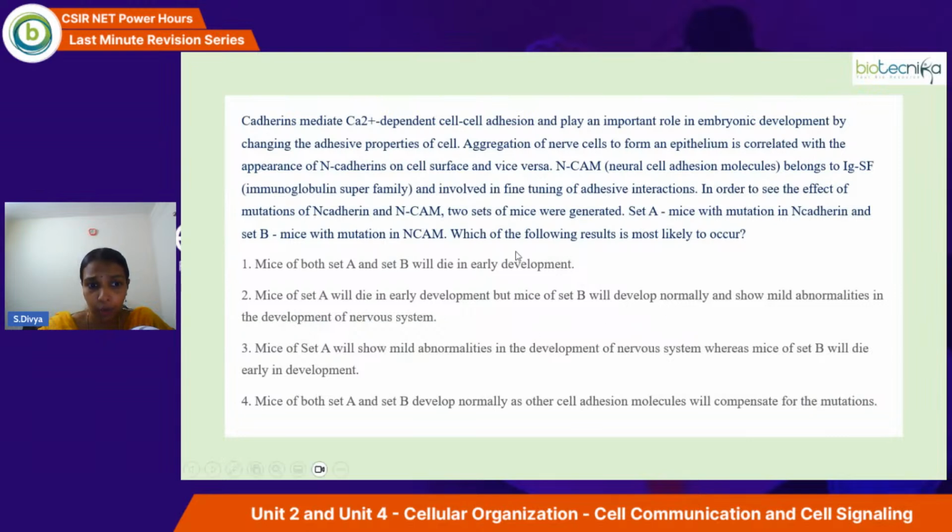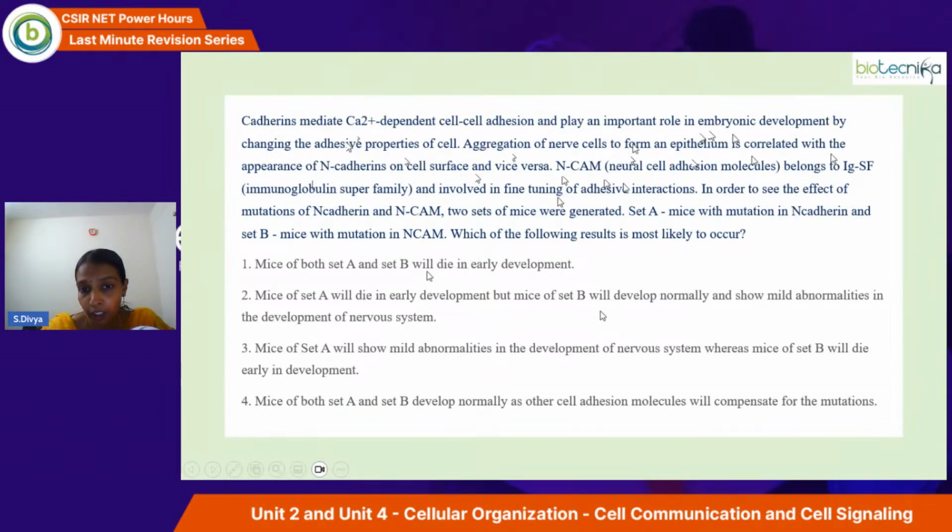Or else sometimes you can expect experimental questions like this. Cadherins mediate calcium-dependent cell adhesion and play an important role in embryonic development by changing the adhesive properties of cells. Aggregation of nerve cells to form an epithelium is correlated with the appearance of N-cadherins on the cell surface and vice versa.